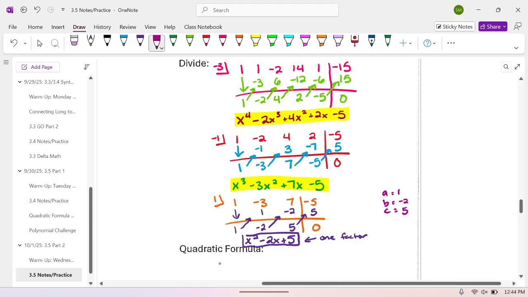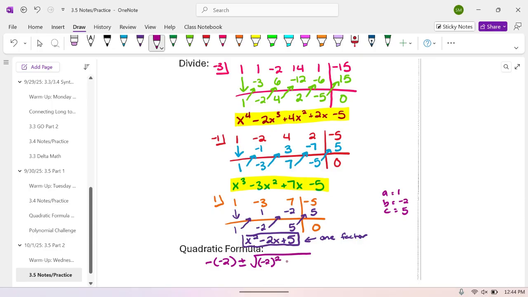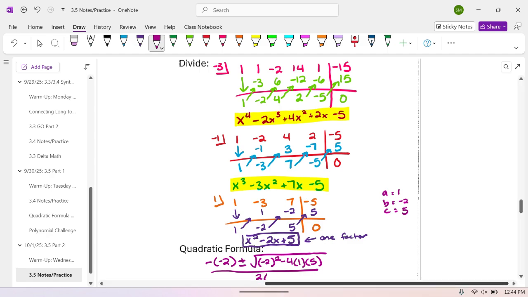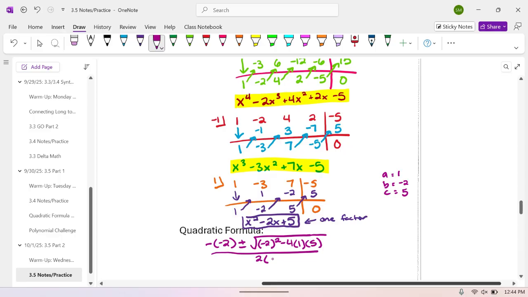So I have negative b, so negative times negative 2, plus or minus the square root of negative 2 all squared, minus 4 times 1 times 5, all over 2 times 1. I just put it in the formula.